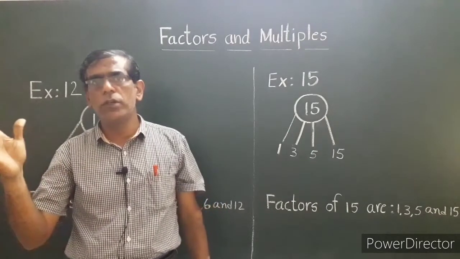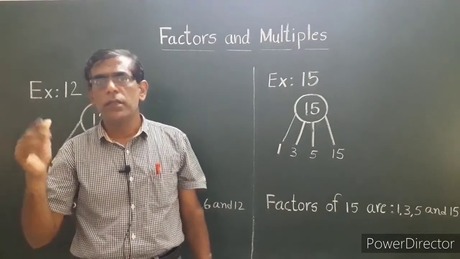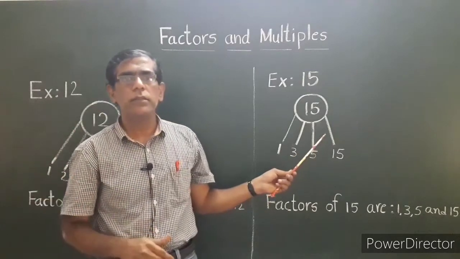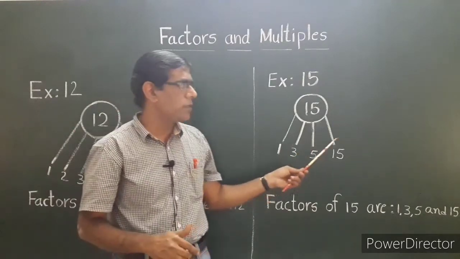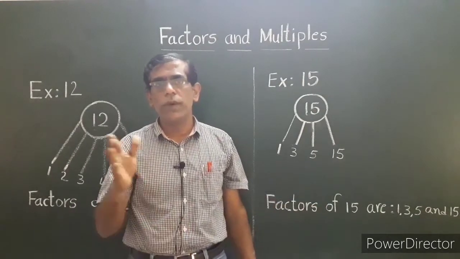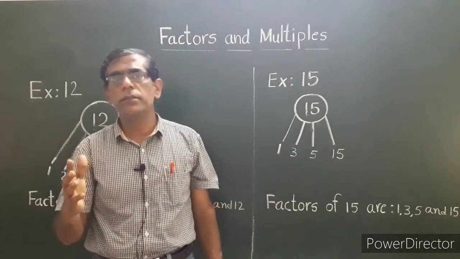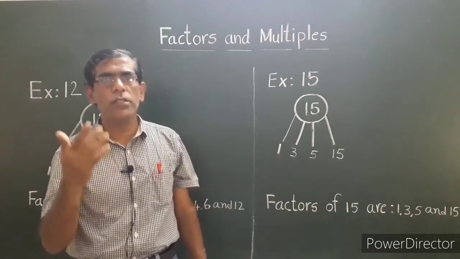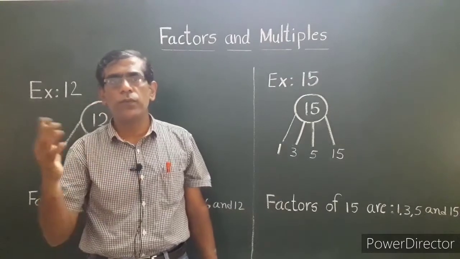If I distribute 13 pens, 15 minus 13, 2 pens remain. Then 13 is also not a factor of 15. If I distribute 14 pens, 1 pen left. Therefore 14 is also not a factor of 15.